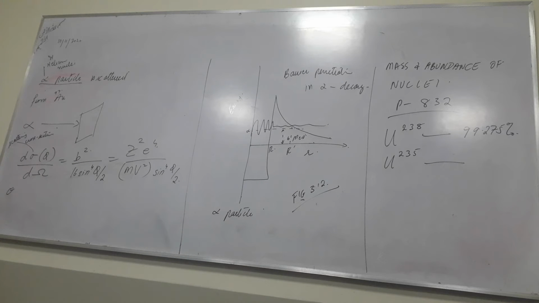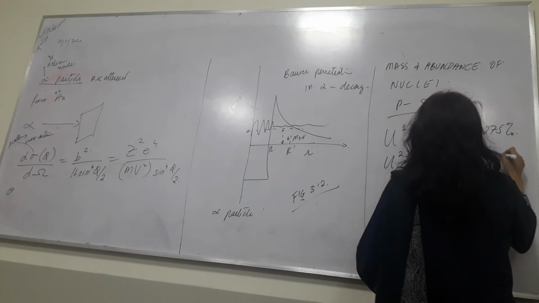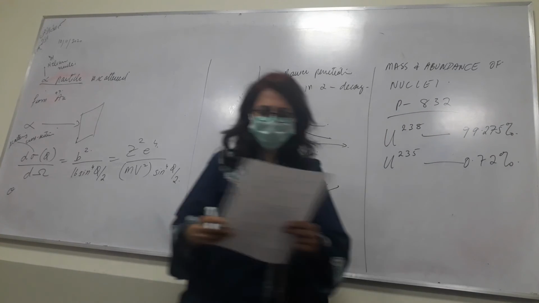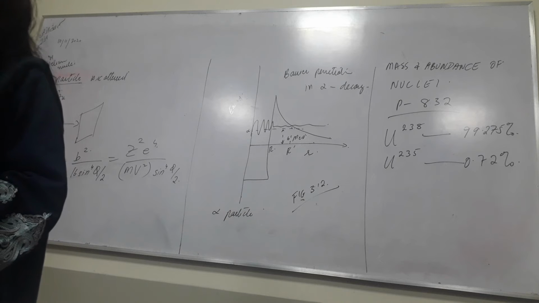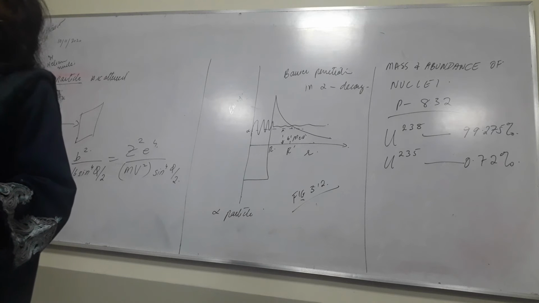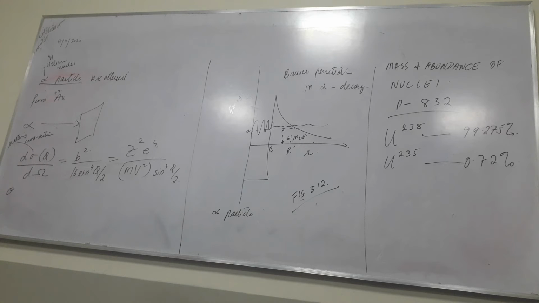Have you found it? Okay, what's the abundance for U235? 0.72%. What does this mean? I want everyone to participate. It means how much it's available in our surroundings. Yeah, for example, where do we get uranium from? We get it from mining, right?